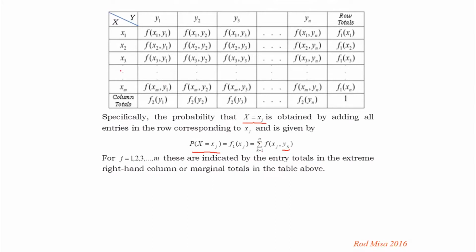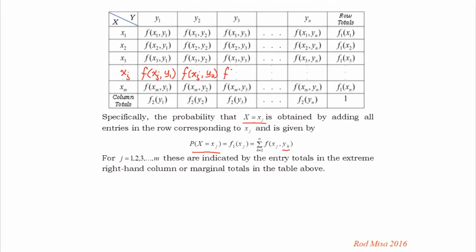So if this is our x sub j here, this is our probability of x sub j, y sub 1. This is also our probability of x sub j, y sub 2.